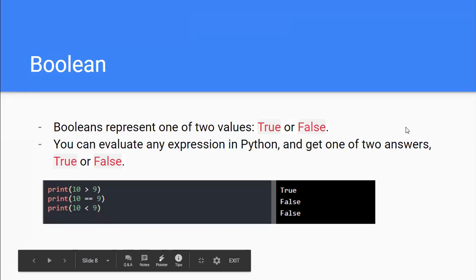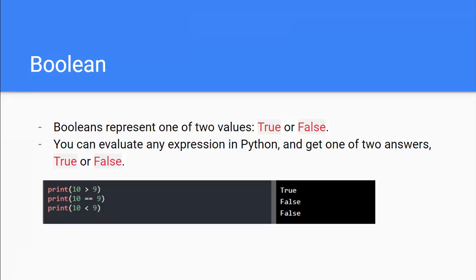All right, now let's talk about Booleans. Booleans are represented by 1 of 2 values. They could be true or false. You can evaluate any expression in Python and get 1 of 2 answers, true or false. For example, if you look below, 10 is greater than 9.